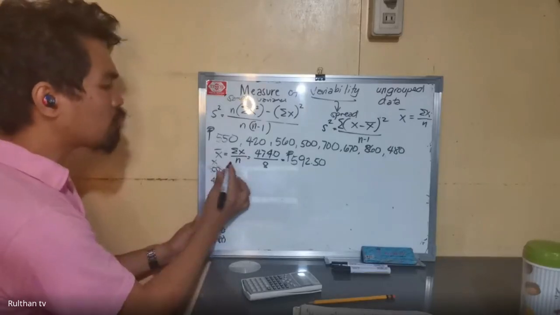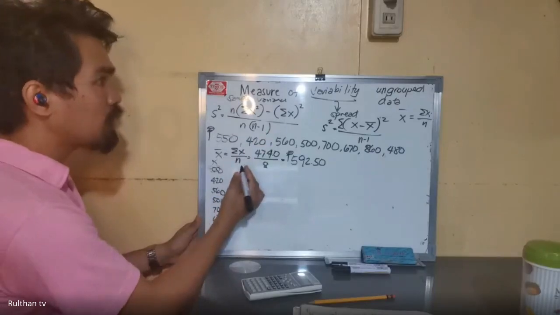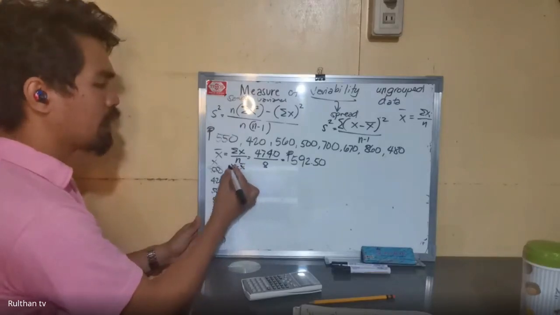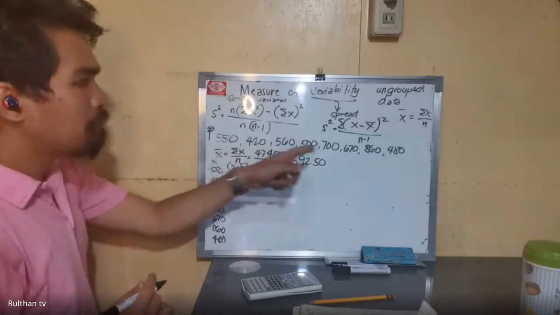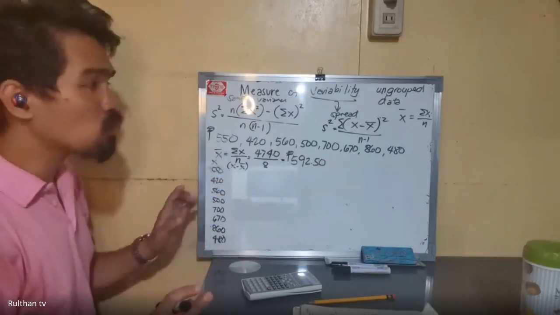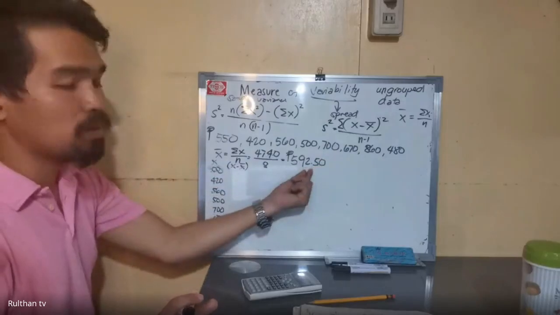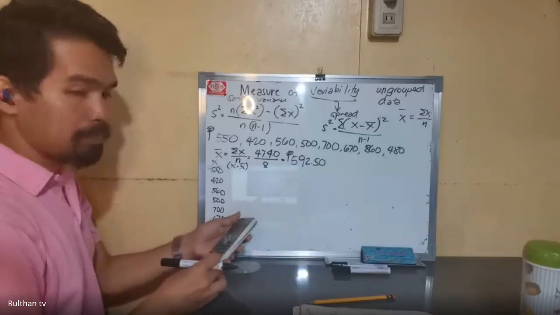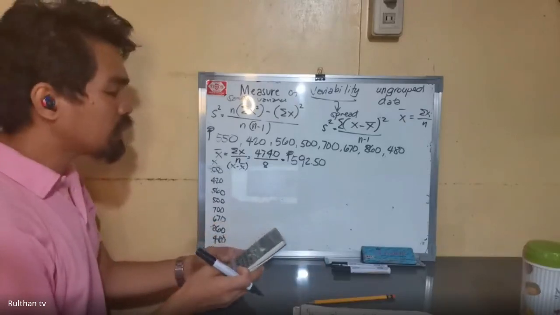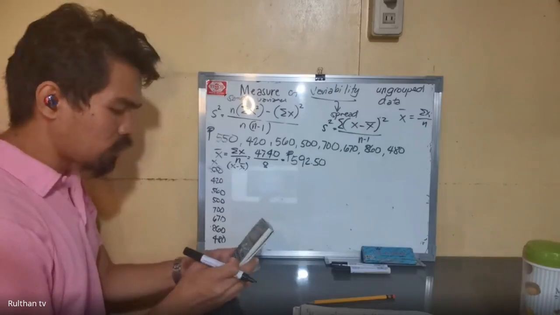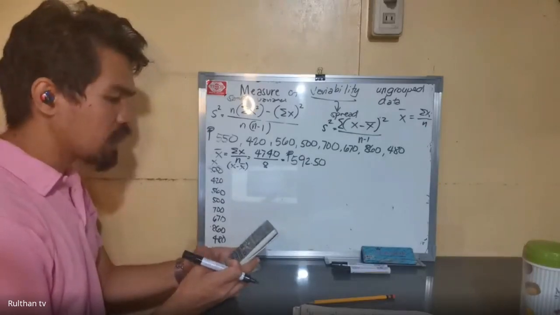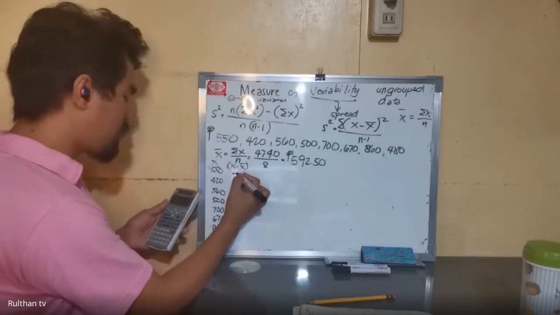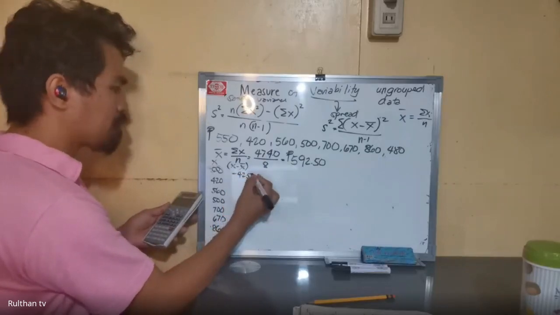Then the next thing we will get is X minus X bar. We will subtract the mean from each individual score. This is what I'm telling you, that's why this is quite tedious because of our decimal value. We have 592.50. So 550 minus 592.50 is negative 42.5.